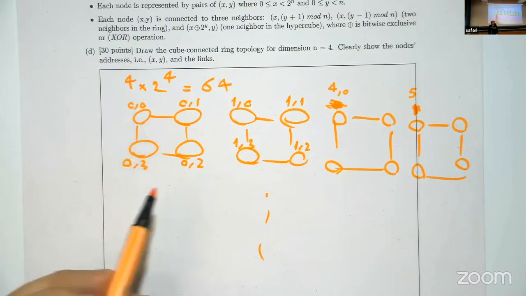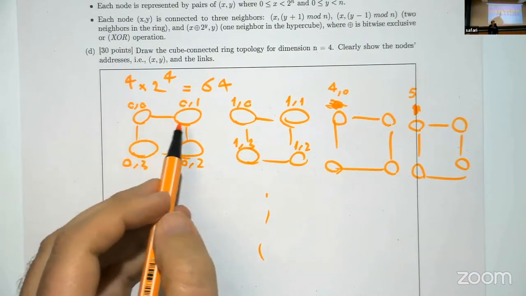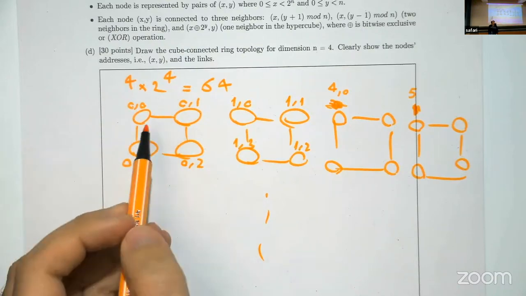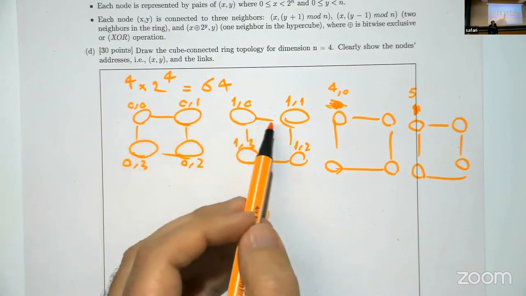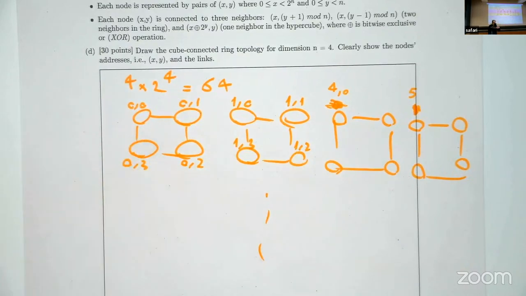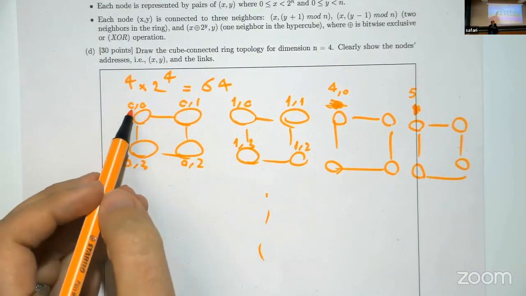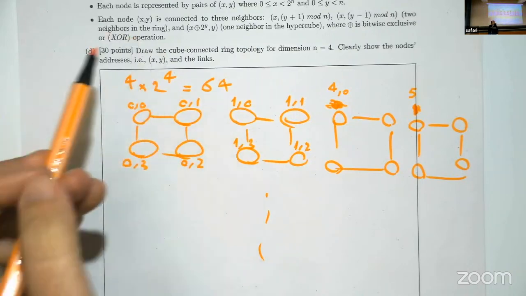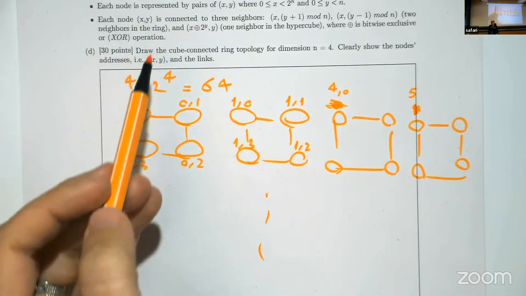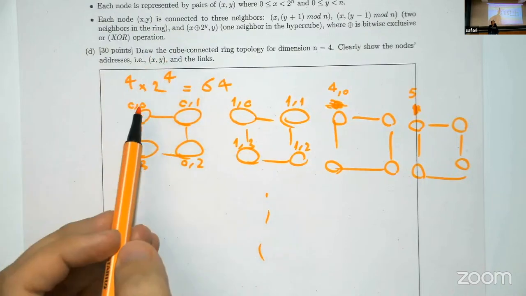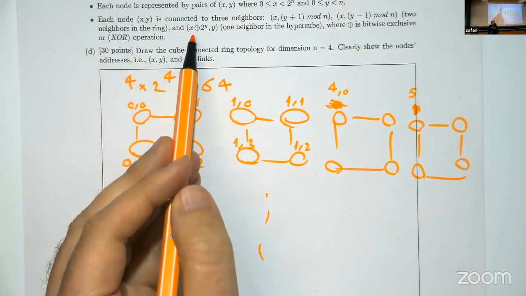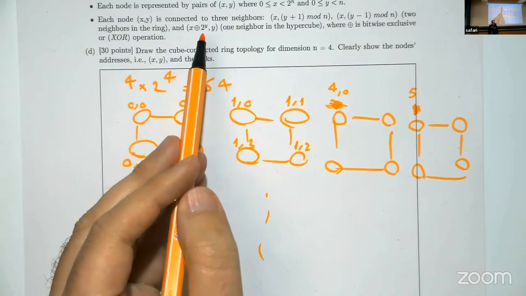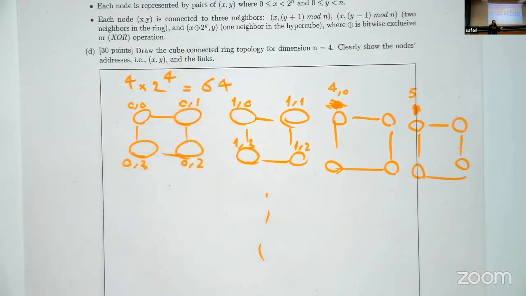So in the cube connected ring, each node has 3 neighbors. We already showed the 2 ring neighbors, but there is also another neighbor which is happening in the hypercube. So for 0, 0, which is x and y, the third neighbor is 0 XOR 2 to the power 0, which is 0 XOR 1.